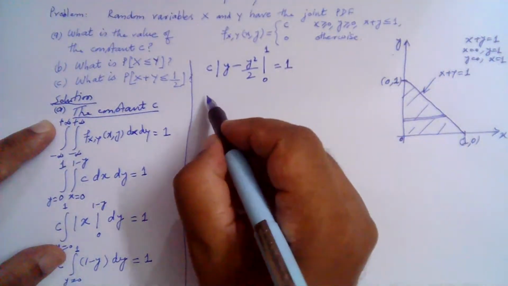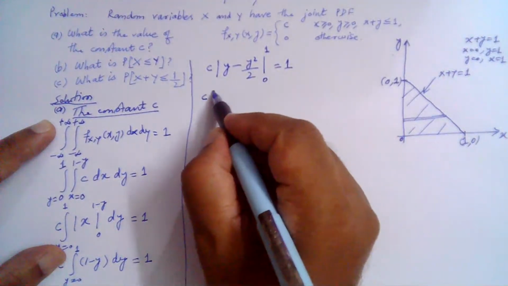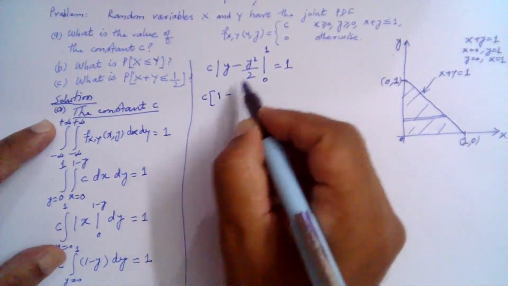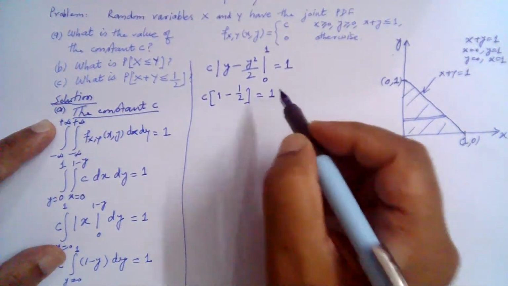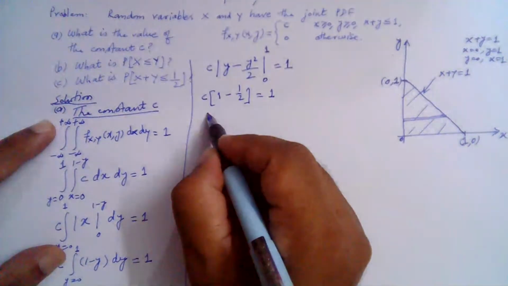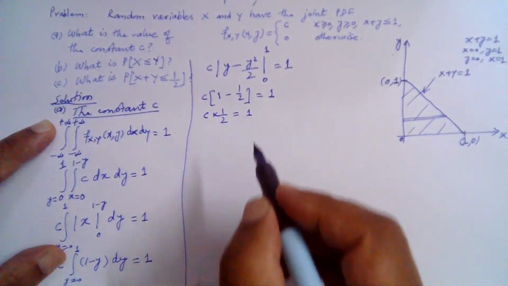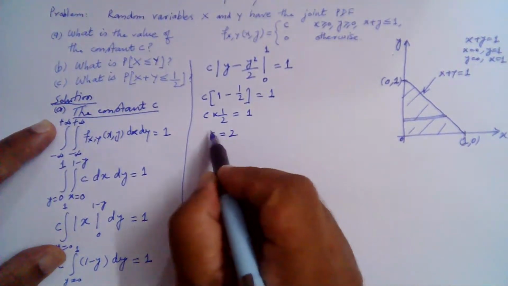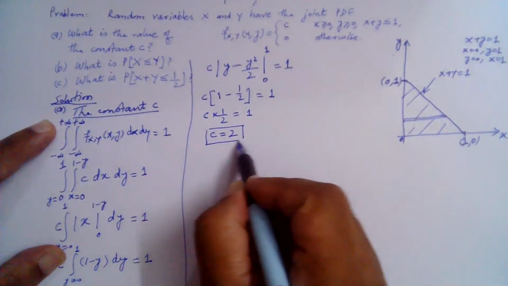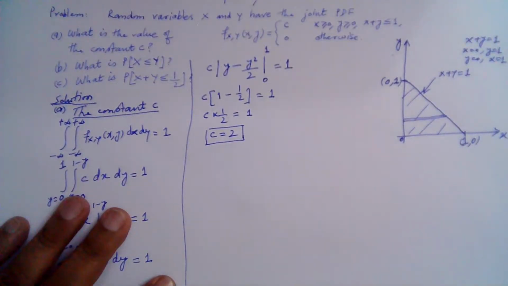So c, and let's substitute the values now. This is 1 minus 1 over 2, and that should be equal to 1. And this is c into 1 over 2 is equal to 1. So that means c is equal to 2. So the value of the constant c is 2.